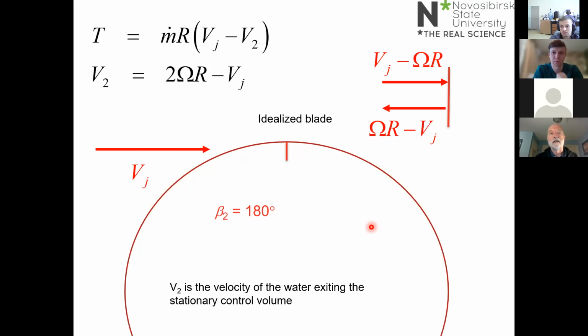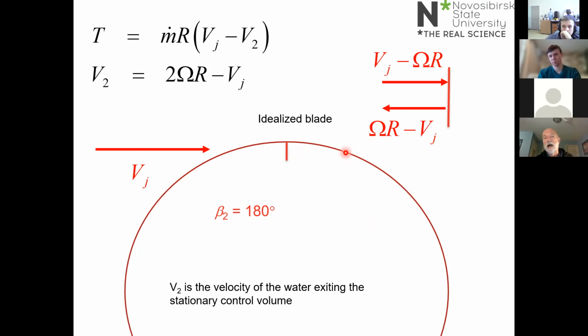Okay, where does that equation come from? Here's a very simplified explanation. What you see here is a red circle, which would be my control volume that I would draw surrounding the runner of the Pelton turbine.